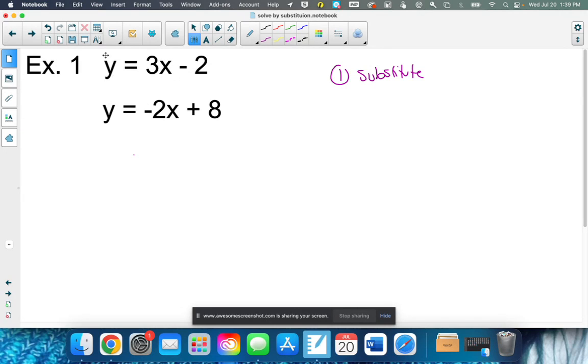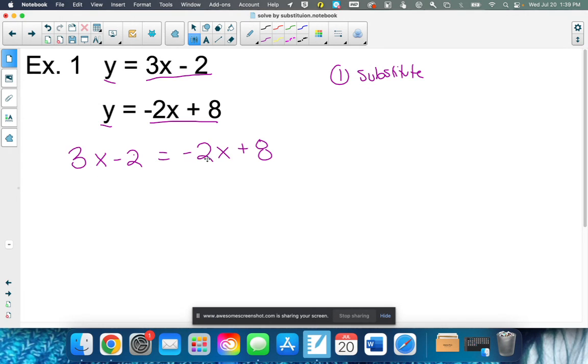I am going to replace the y value. This first function says that y equals 3x minus 2. The second function says that y equals negative 2x plus 8. Well, since y equals y, that means that 3x minus 2 also equals negative 2x plus 8. So there's my substitution step.